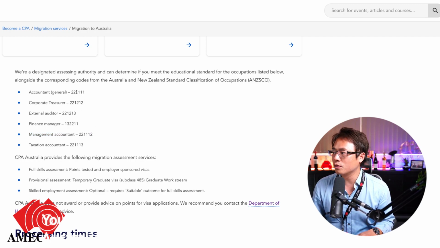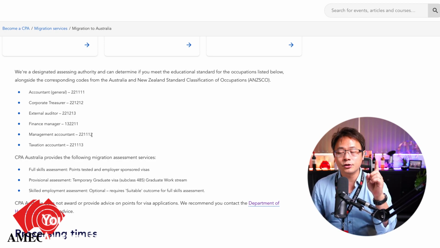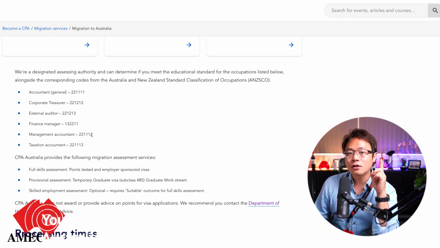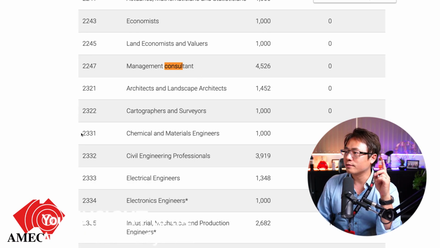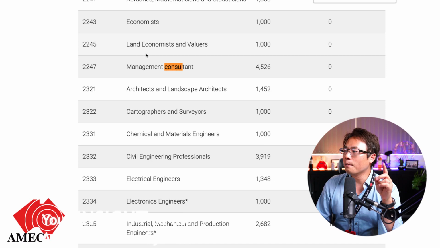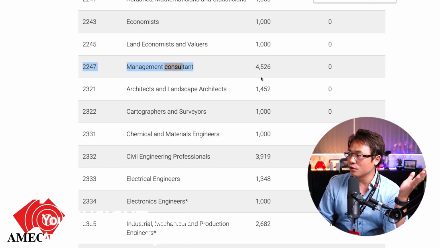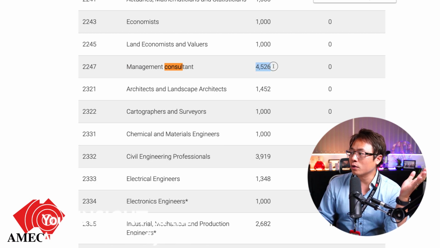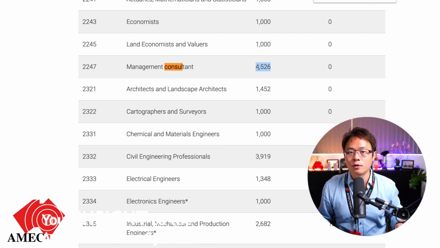It's 221111 and 221112. There's only one digit difference, that means it's closely related. So immigration now prefers more management accountants rather than accountants solely, and they're given the quota of 4,526, which is 4 times more than 1,000.